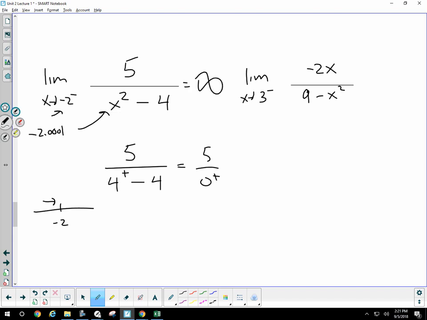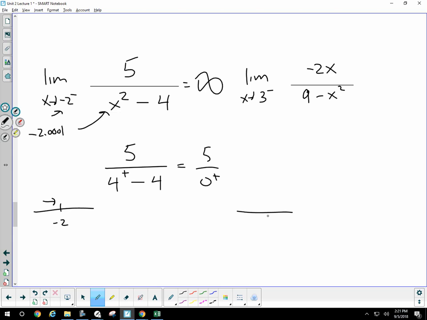Do the next one. So this is not negative 3 from the left.